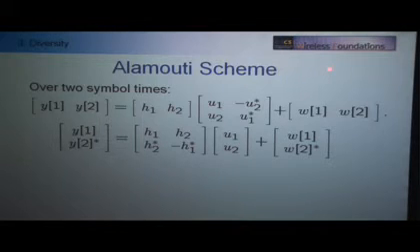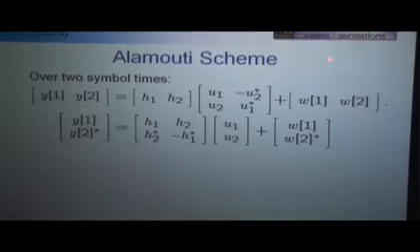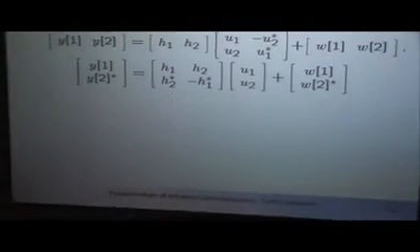So how do I decode U1, U2? If you look at the receive vector, now we think of everything in terms of vectors. The receive vector is in general a combination of U1, U2, and it seems a bit tough to figure out how to recover U1, U2.